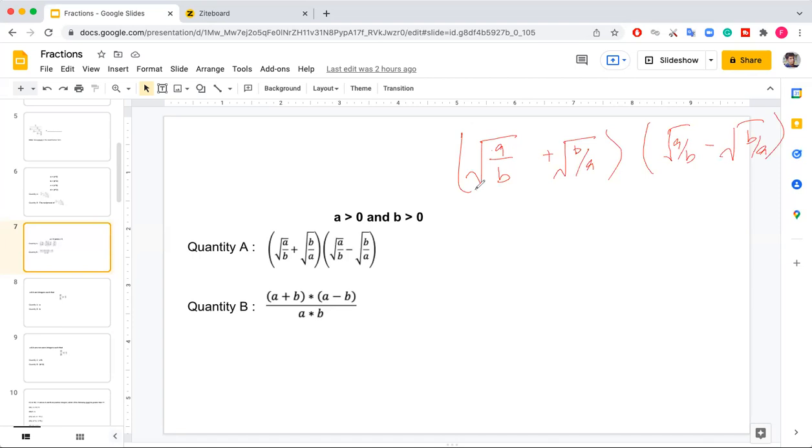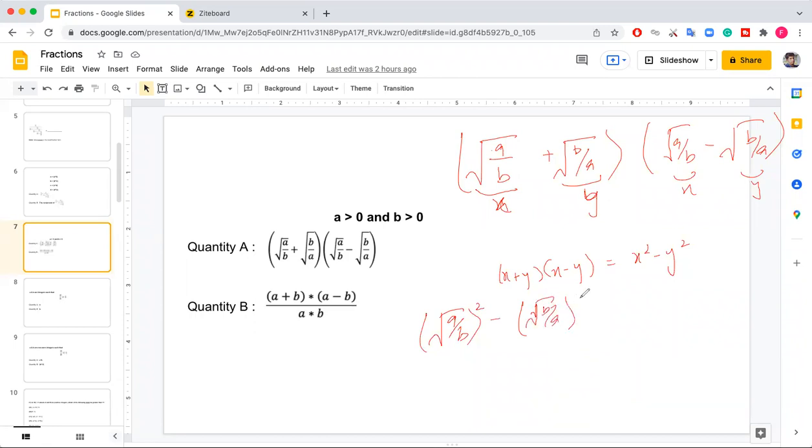If you consider this A, this B, for example X, Y, this is X, this is Y, so we have X plus Y into X minus Y. And this is a formula, which is X square minus Y square, right? This is a very common algebraic formula. Now, in place of X, we have A over B whole square, and in place of Y, we have B over A whole square, right?